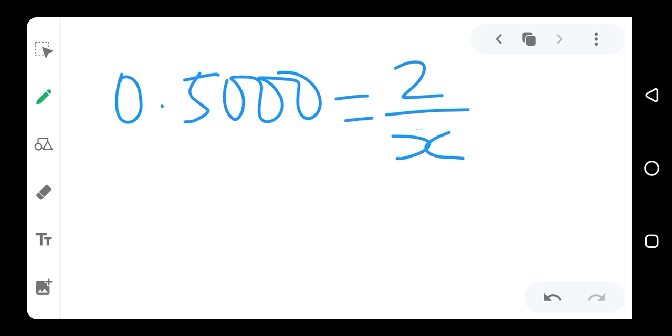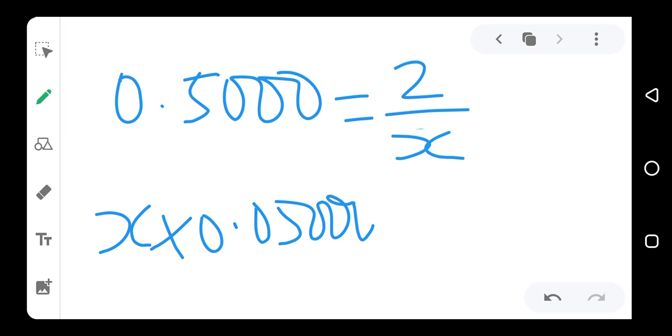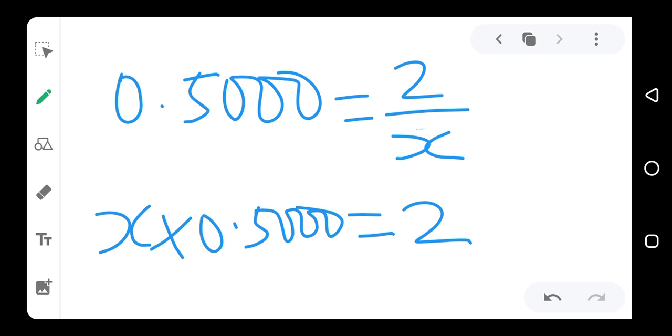Now this means that x times 0.5000 is equal to 2. For x to stand alone, we divide 2 by this.